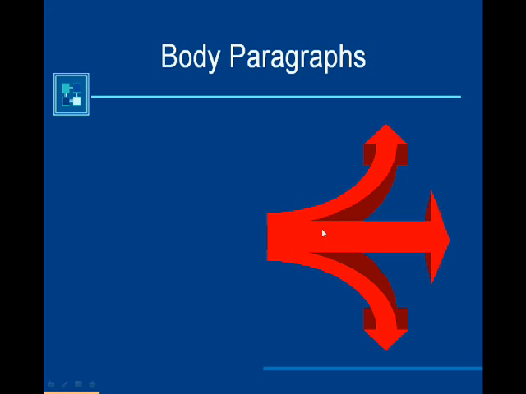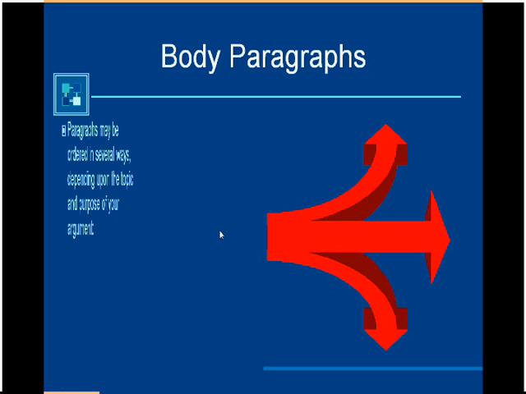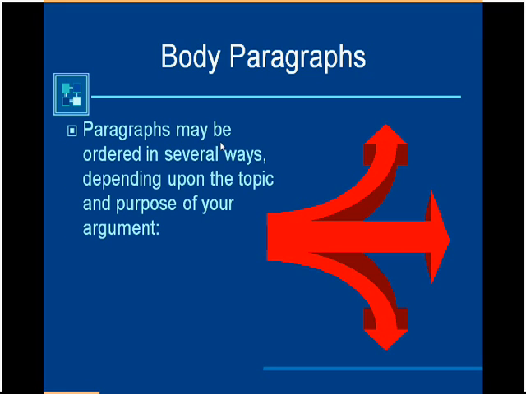Now the body paragraphs can be organized in different ways, okay? Paragraphs may be ordered in several ways depending upon the topic and purpose of your argument. So there is not one set criteria or one set way to organize your body paragraphs. You can start by something, you can end by something. It's up to you, up to the writer.